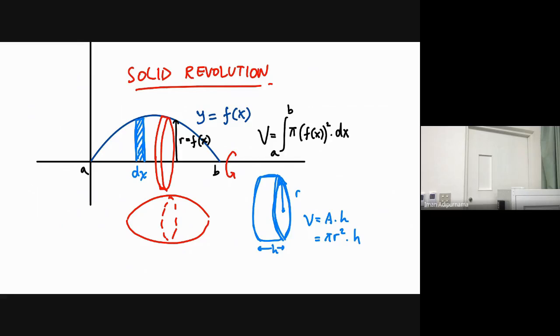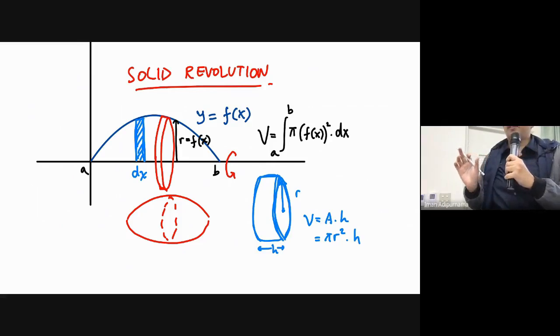You just imagine the rectangle, much easier. Imagine the rectangle here, so this disk. So it is better to just look at the rectangle.